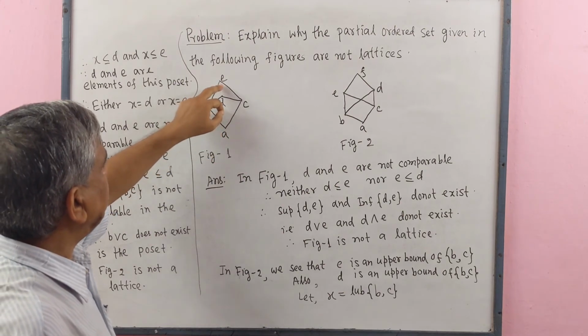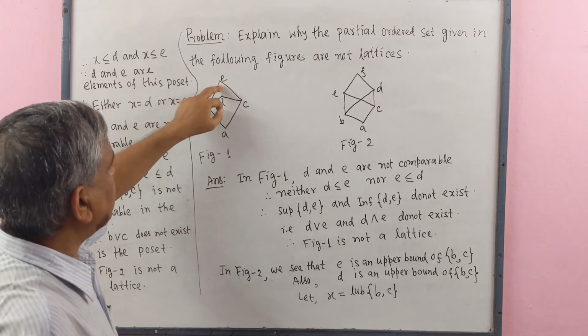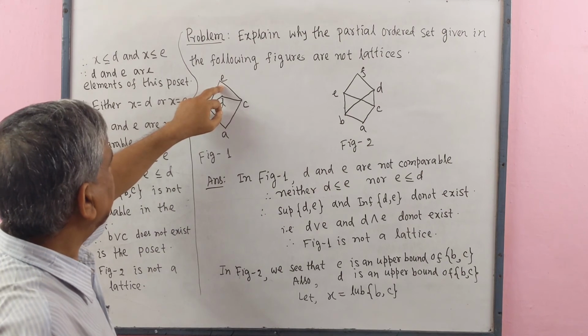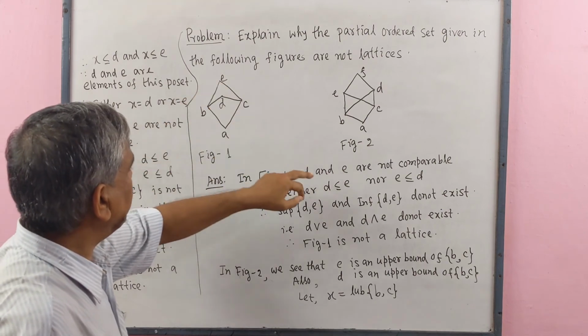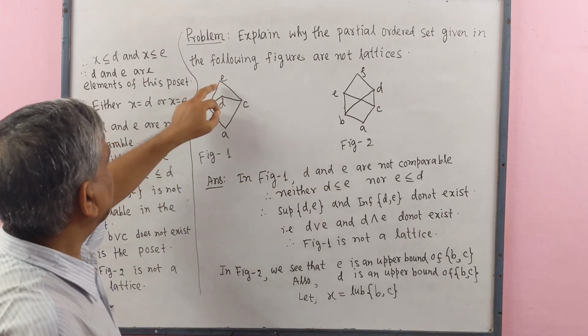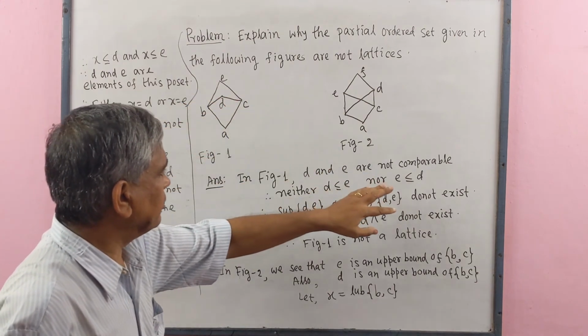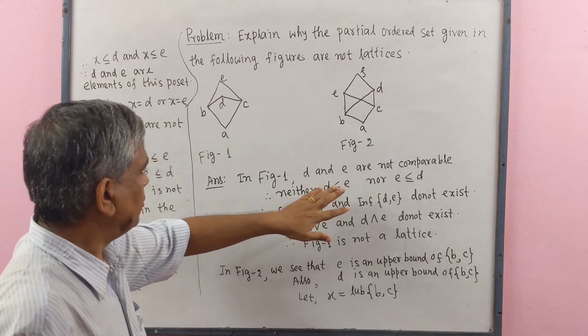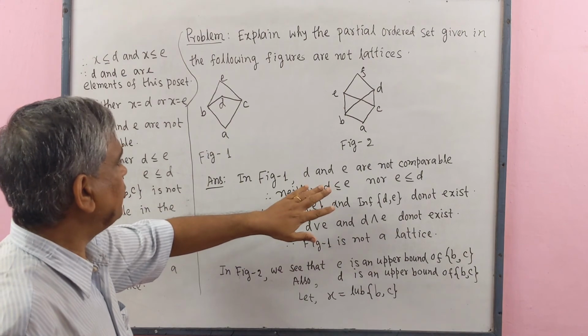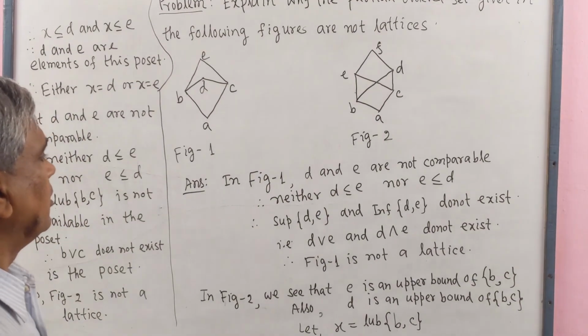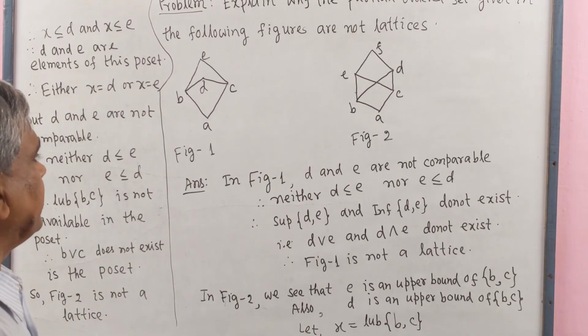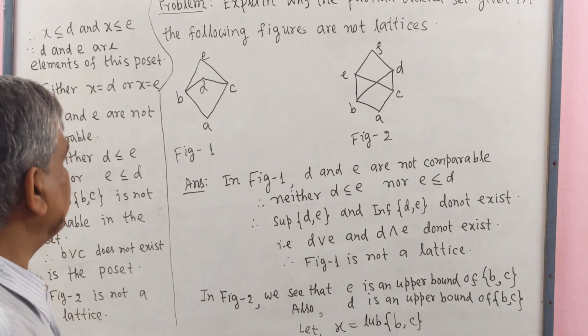So D and E are not comparable. Neither D is less than or equal to E, nor E is less than or equal to D. Not less than or equal to means not related. D and E are not related, that is, not comparable.